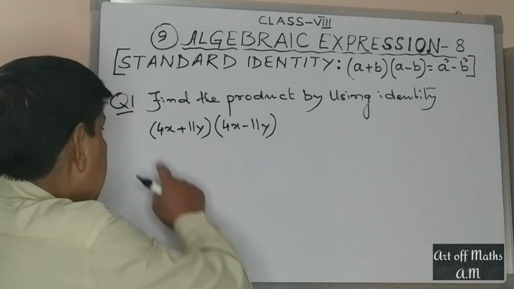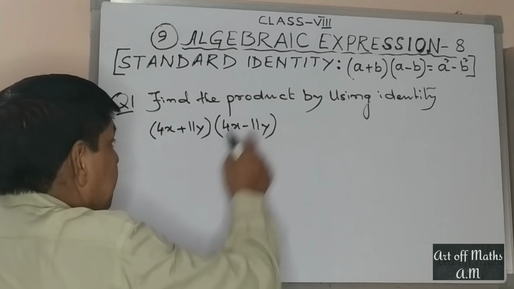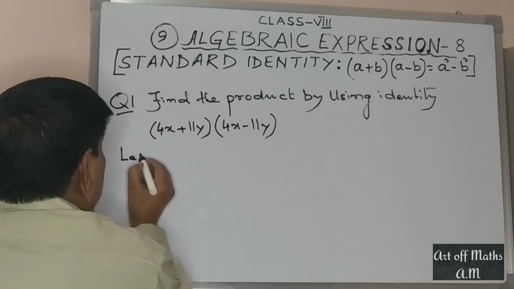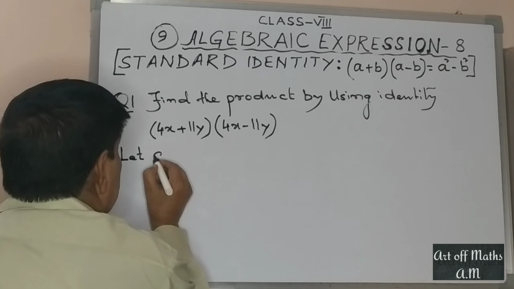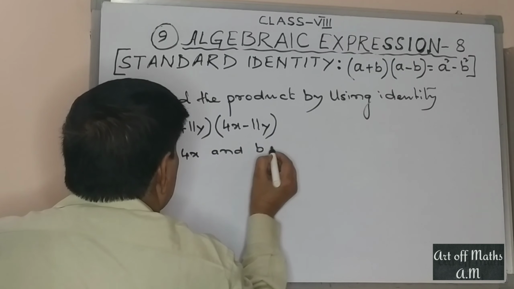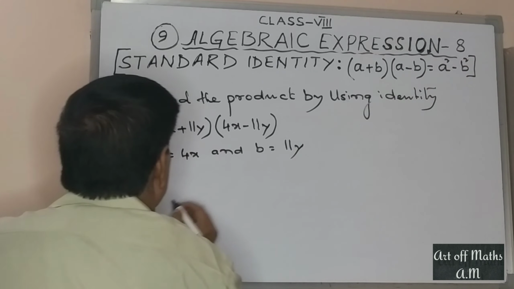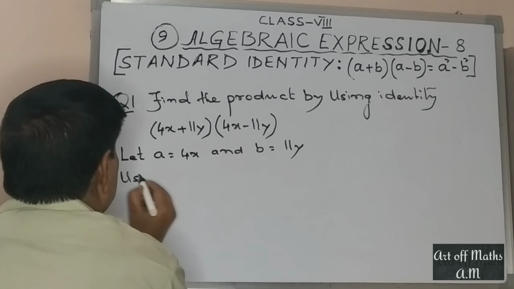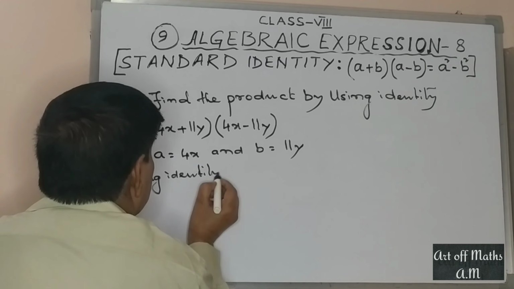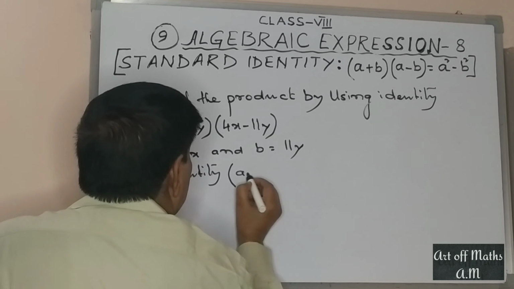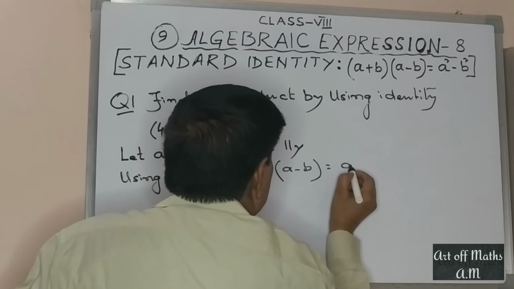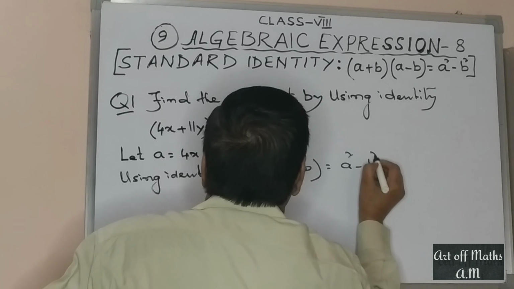Now, (a plus b) into (a minus b). Let a equal to 4x and b equal to 11y. Using the identity, (a plus b) into (a minus b) equals a square minus b square.